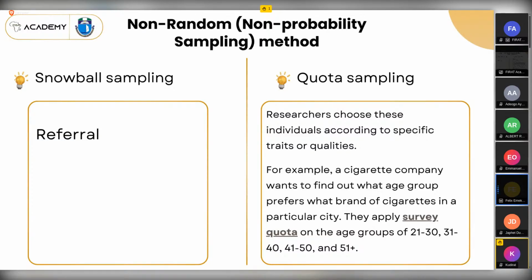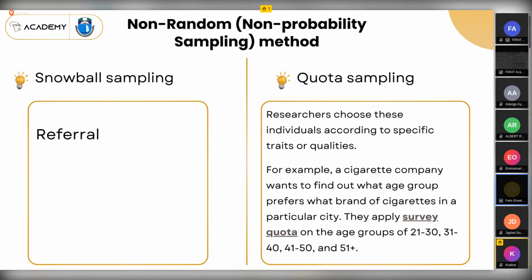So they will be applying that sample based on quota. Like they will apply it based on those that are between 21 to 30, and also those that are between 31 to 40, those that are between 41 to 50, so that at the end of the day, they will be able to tell which age group prefers a particular brand of cigarette more than the other. So that's quota sampling.